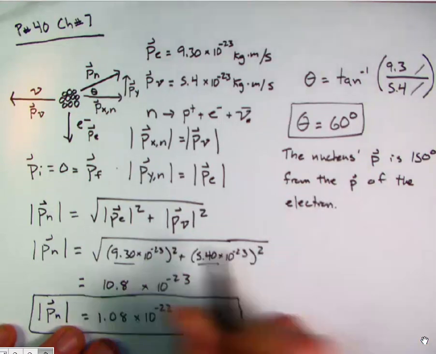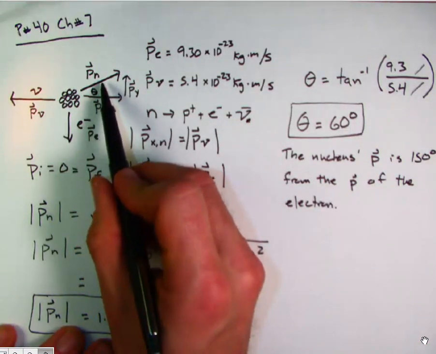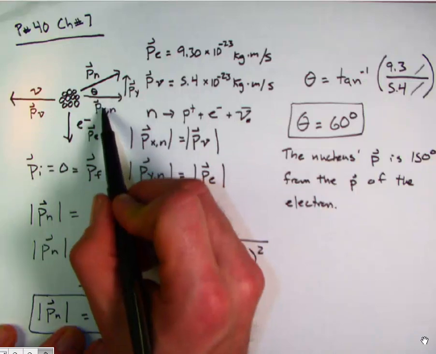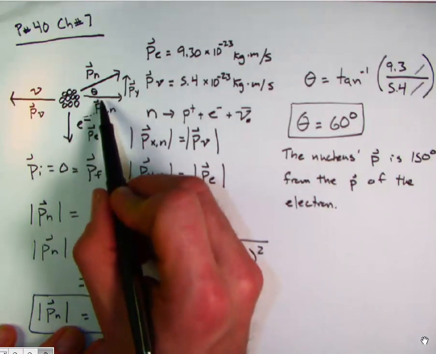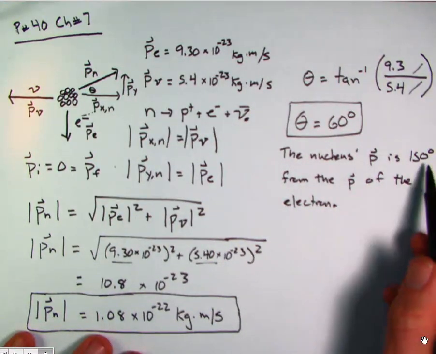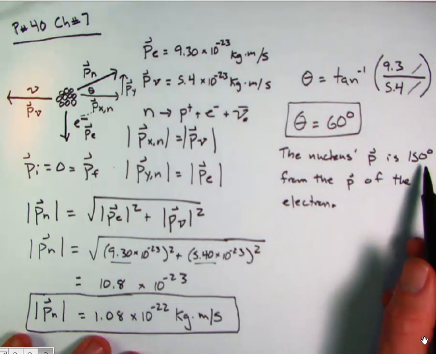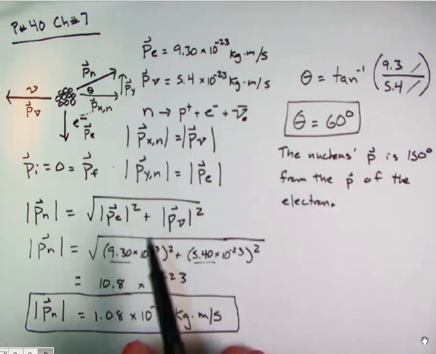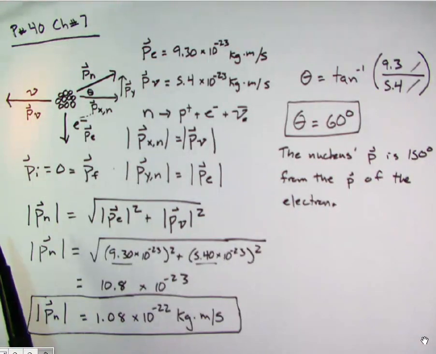Because if this is 60 degrees here, then this angle here would be 60 plus 90, 150 degrees. That's a nice way of writing it because the angle is not relative to any coordinate system that we've defined. It's just relative to the electron. All right, another great example of conservation of momentum in 2 dimensions, and a nice little problem because it works on the atomic level and it's kind of neat.